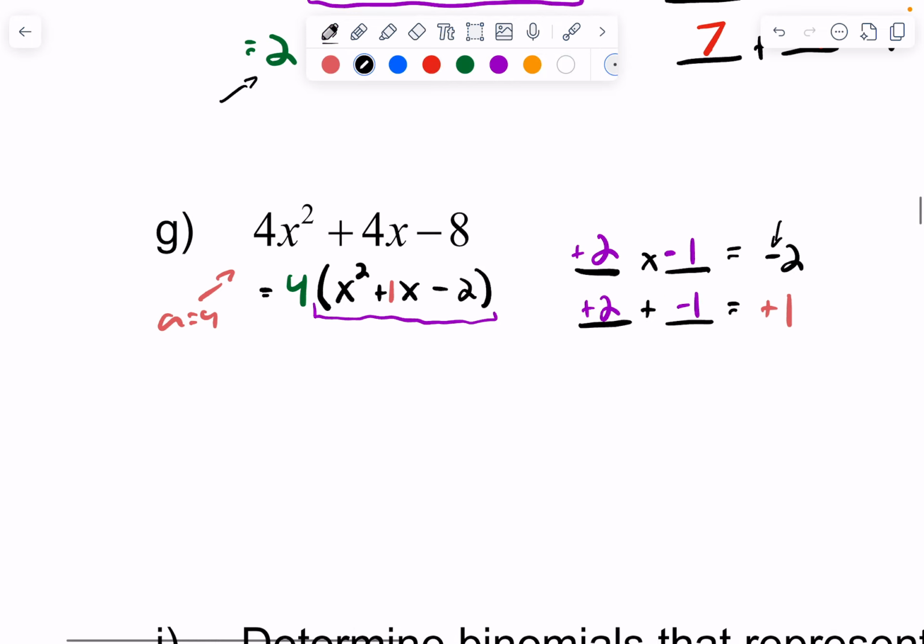And there you go. So this would be 4 times x plus 2 times x minus 1.